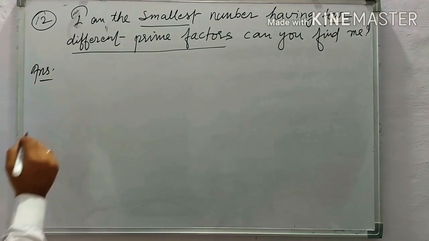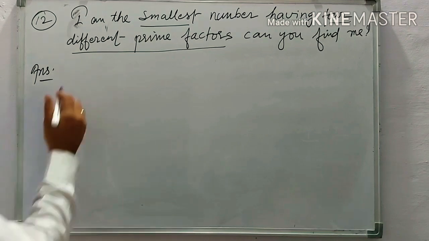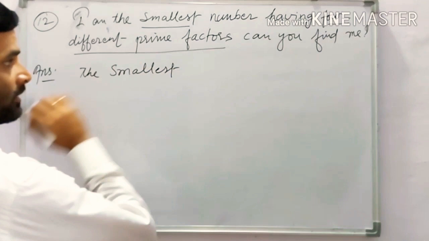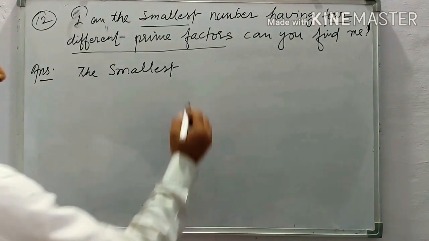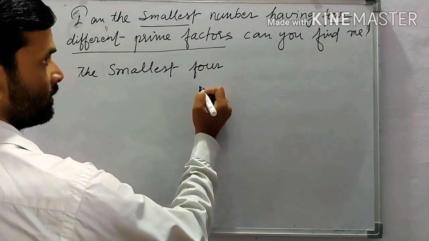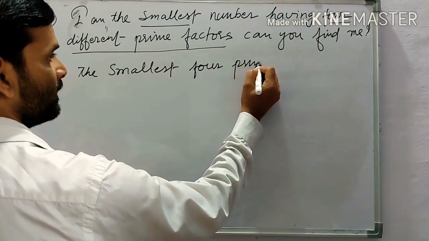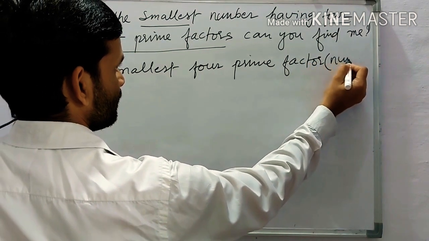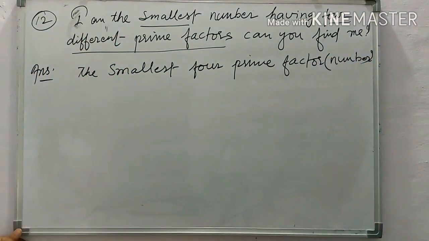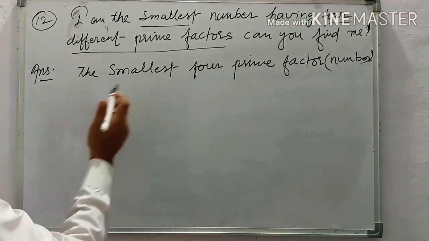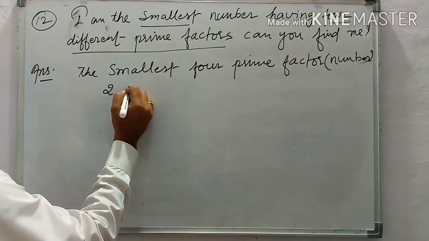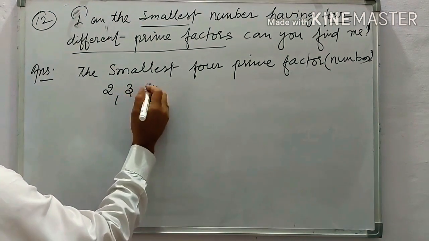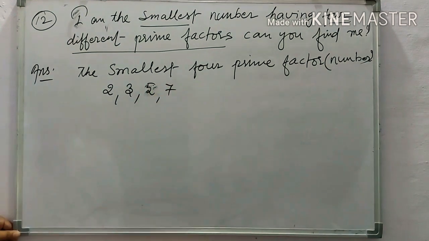So the smallest 4 prime factors of the number are 2, 3, 5 and 7.